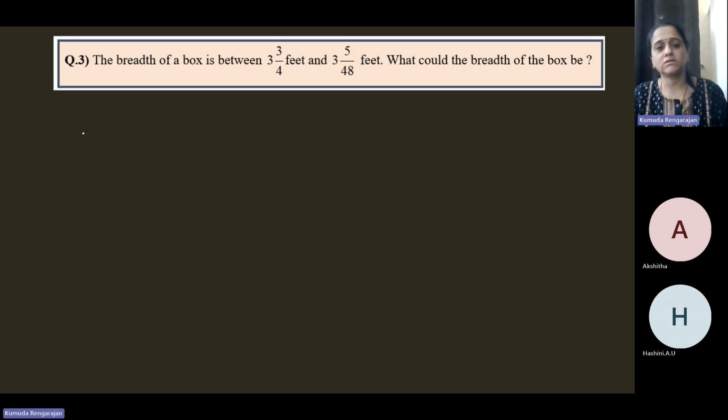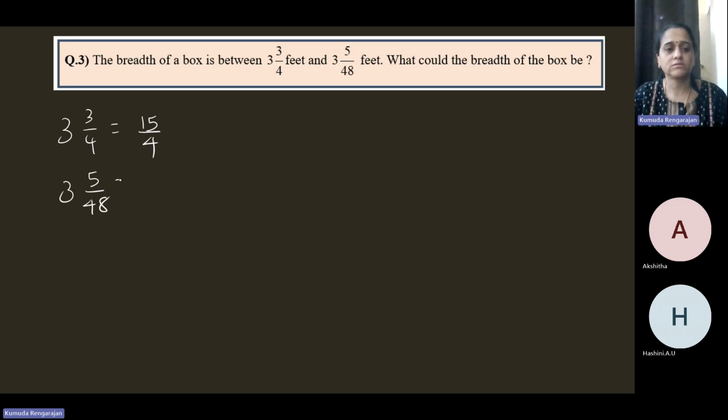The other method is, what is 3 by 4? 15 by 4. And what is 3 5 by 48? 149. So what's the LCM of 4 and 48? 48. So you should multiply this by 12.